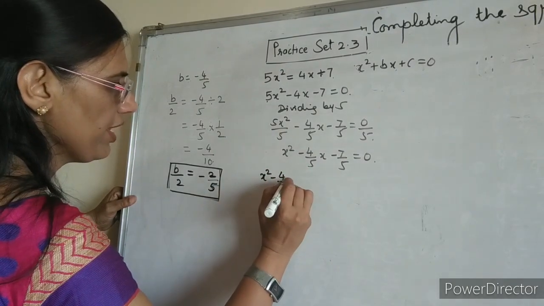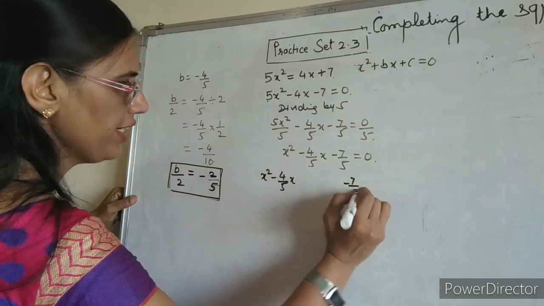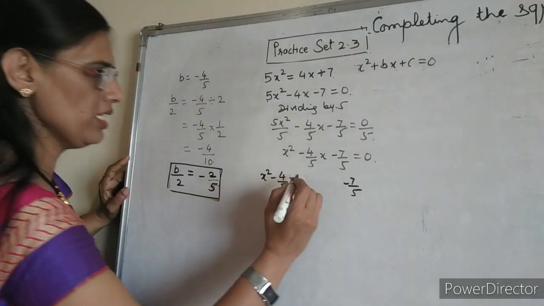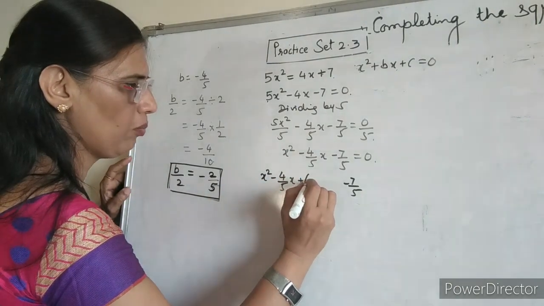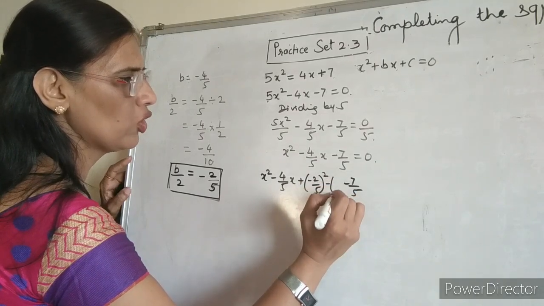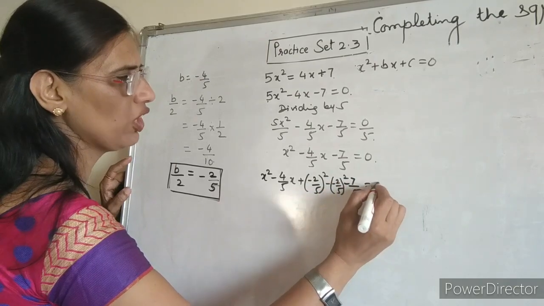Here adding and subtracting b upon 2 whole square, we get x square as it is minus 4 upon 5x as it is, and this minus 7 upon 5 as it is. What you will do, you will add b upon 2 whole square, that is plus minus 2 upon 5 whole square minus 2 upon 5 whole square is equal to 0.